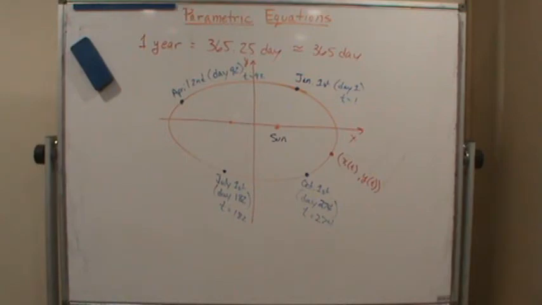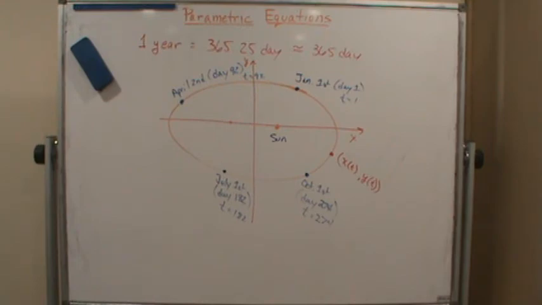So in this case, each x coordinate is a function of time, and each y coordinate is a function of time.